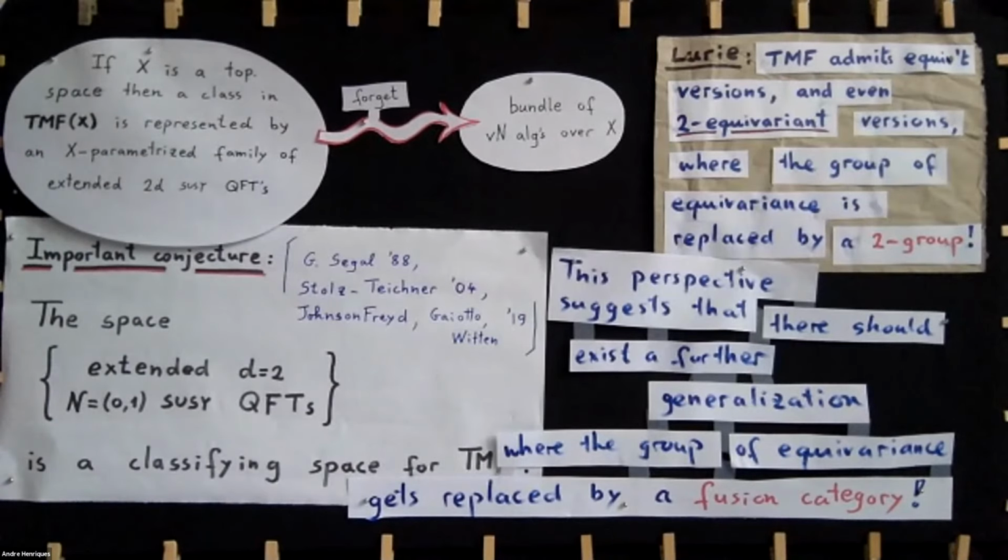So I told you that unitary fusion categories want to act on von Neumann algebras.